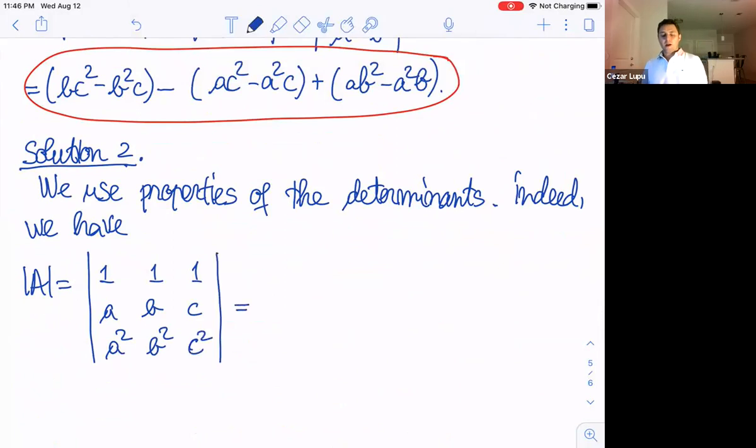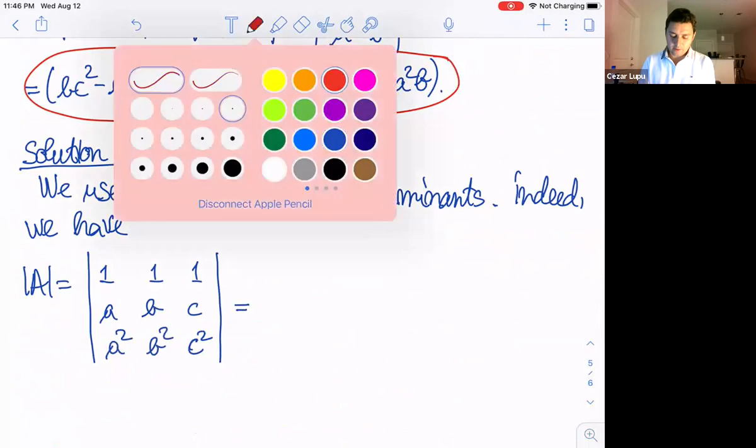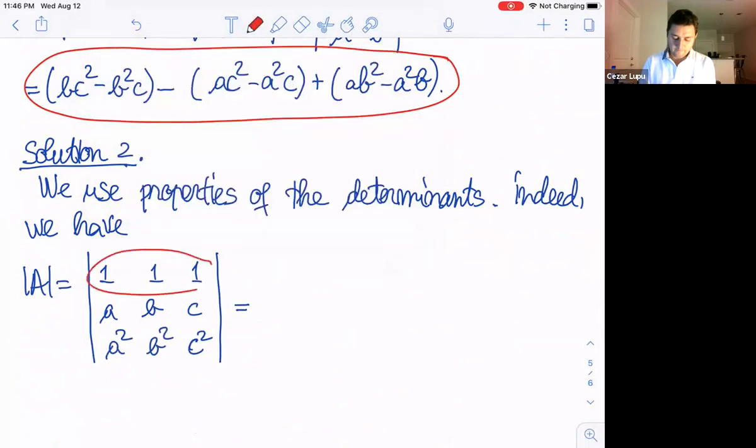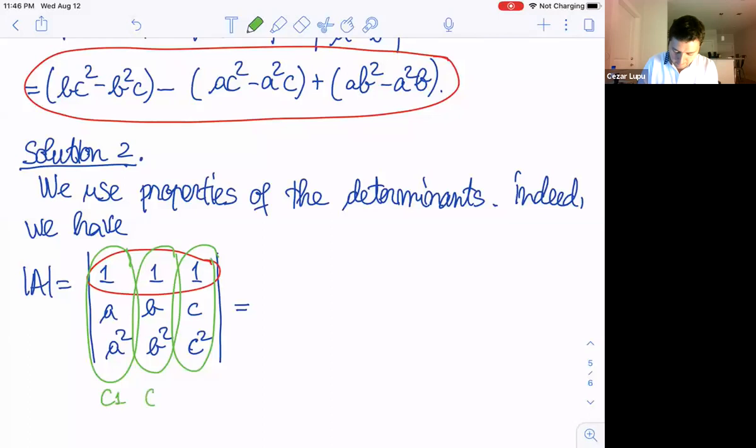Okay. And again, I'm looking at this row here. But what I'm going to do is the following. I will also look at the columns, right? Say this is column 1, this is column 2, and this is column 3. We can perform the same elementary operations.